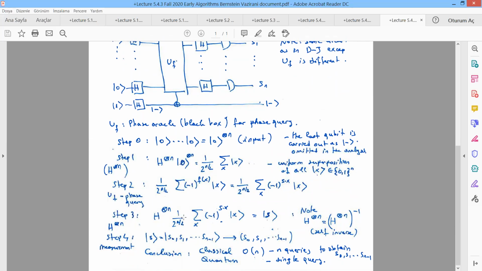So at step 3, we apply another Hadamard tensor n. Now this Hadamard tensor n on this state would produce a ket s state.